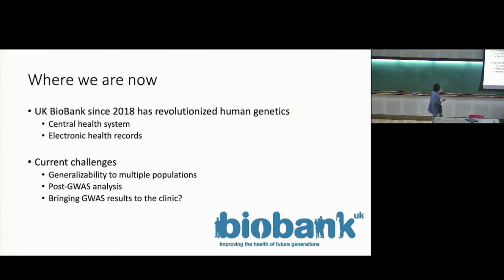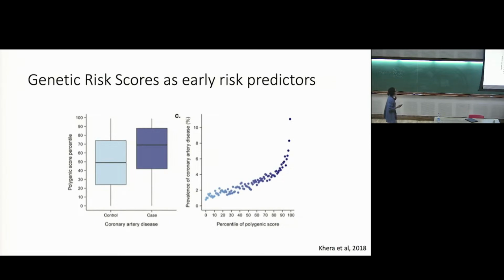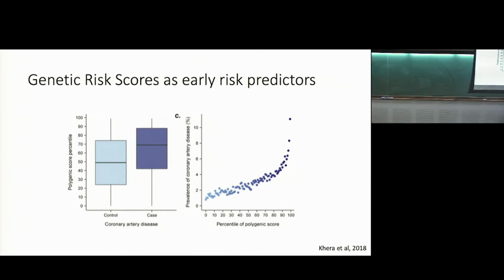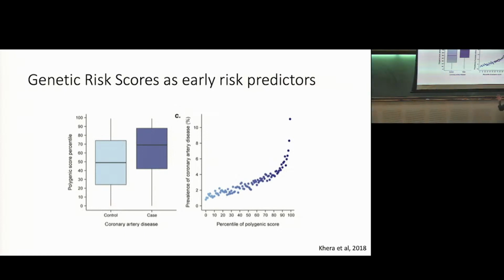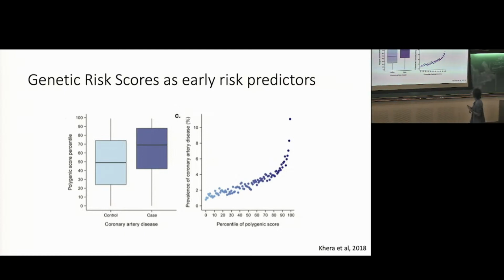And the goal for a lot of people is to bring GWAS into the clinic, which is a very far away goal. But for cardiovascular disease, and I'll end here, it's actually beginning to be implemented, okay? So I'm just going to point you to the figure on the right, where you run GWAS on cardiovascular disease, coronary artery disease or CAD.